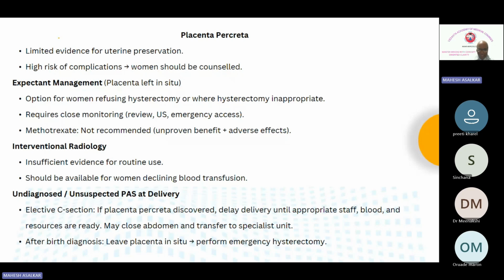Sometimes they can give you the scenario that it is an emergency condition: a patient with gravida 2, para 1, living 1, previous lower segment cesarean section, and the placenta was anterior. You open the abdomen and you find that there is a placenta accreta. The consultant is 20 minutes away, and the registrar or the ST5 is performing the cesarean section.